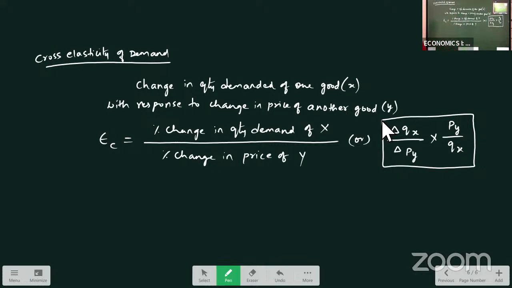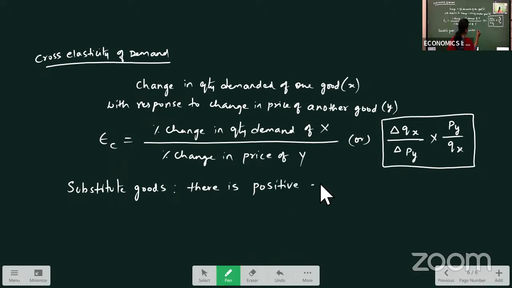In cross elasticity, we have two types of goods. For substitute goods, there is a positive relation, so elasticity will be a positive value. Positive elasticity of demand.